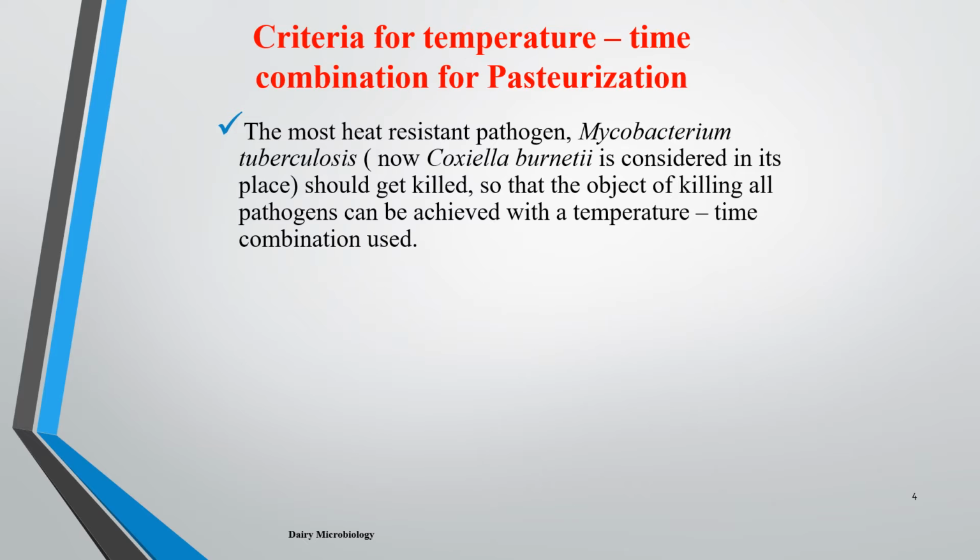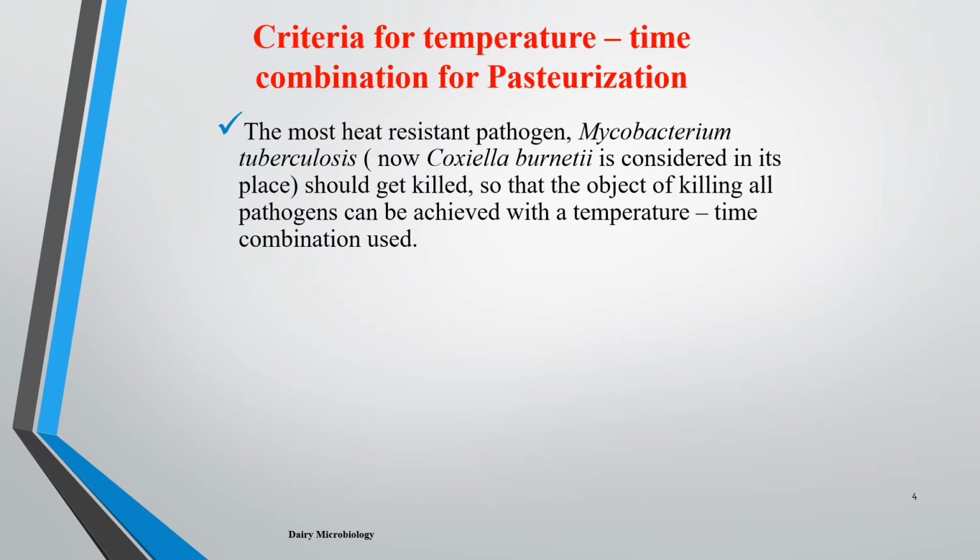Mycobacterium tuberculosis, which causes tuberculosis, was previously considered the most heat resistant pathogen. But nowadays, instead of Mycobacterium tuberculosis, another pathogen, Coxiella burnetii, which causes Q fever, is considered the most heat resistant pathogen.